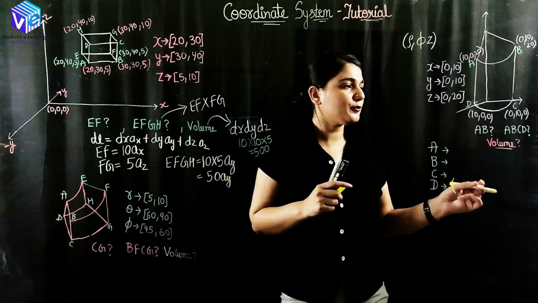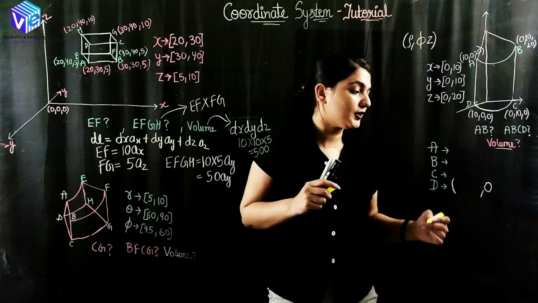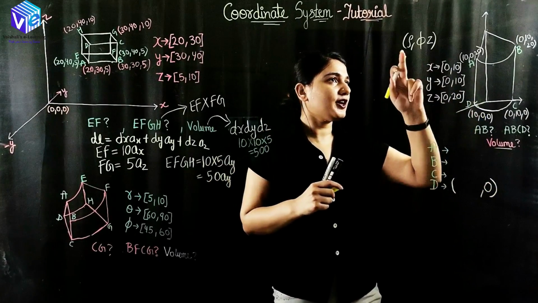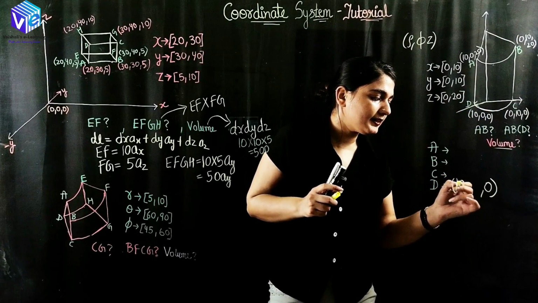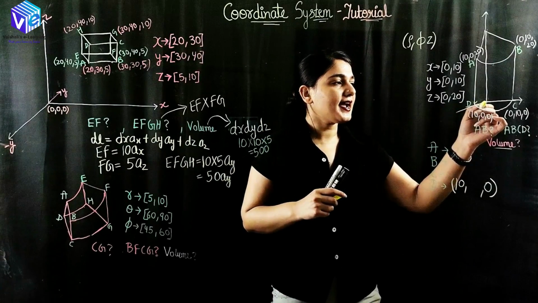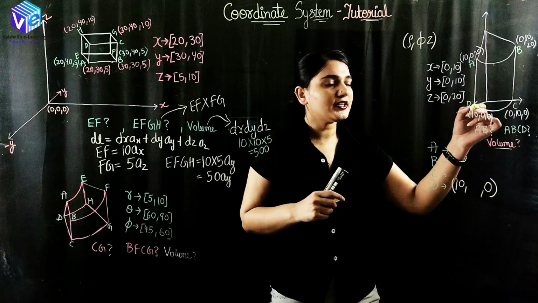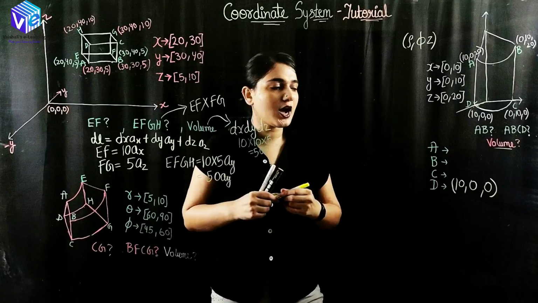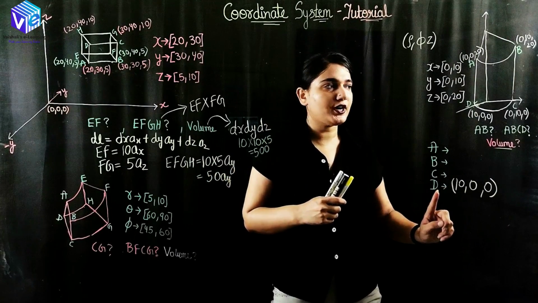The z coordinate will be written directly, and z here is 0, so I write 0. Rho is 10, so I write 10. Now what is phi? Phi is the angle made with this axis. This point is on this axis only, so phi will be 0. This is how I can easily find the cylindrical coordinates for the point D.